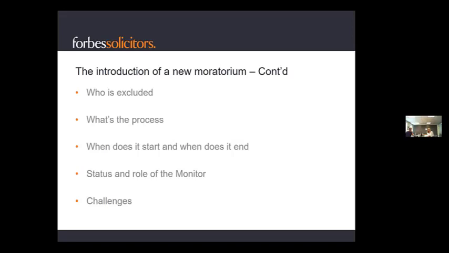The moratorium, as I have already mentioned, can be terminated, and a monitor must terminate the moratorium if they think that A, the moratorium is no longer likely to result in the rescue of the company as a going concern, or the objective of rescuing the company as a going concern has been achieved.